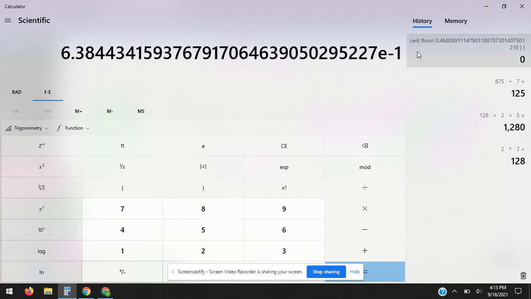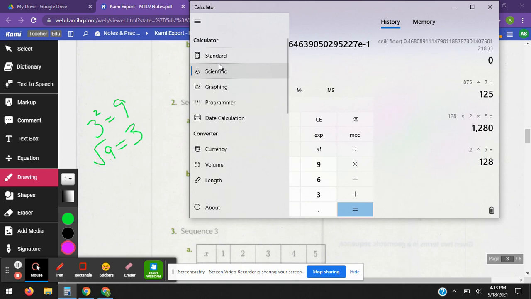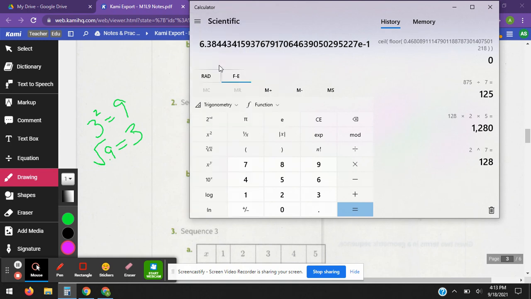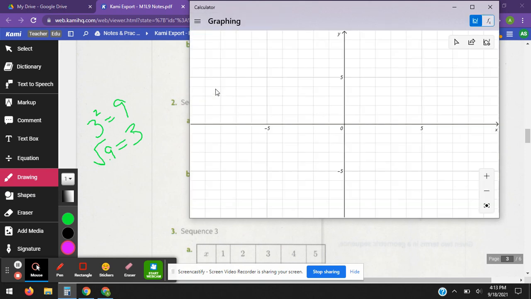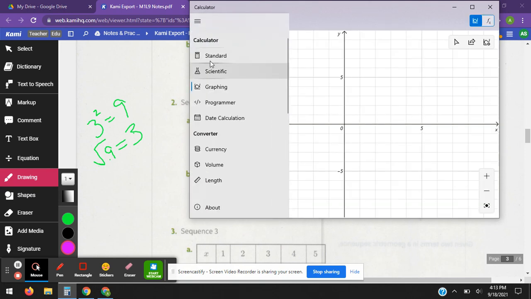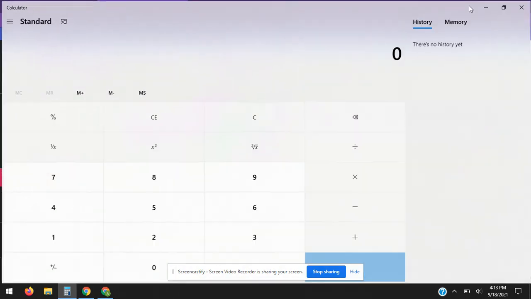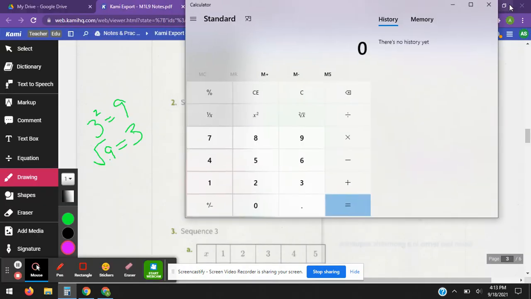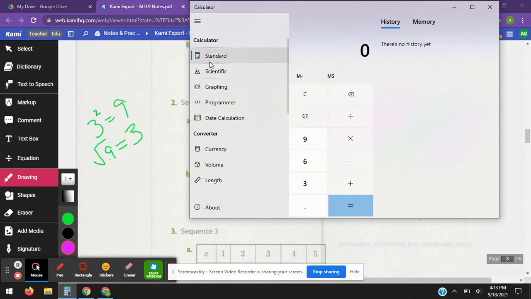Will graphing do it? Nope. Well, shoot. I can't show you on this one.